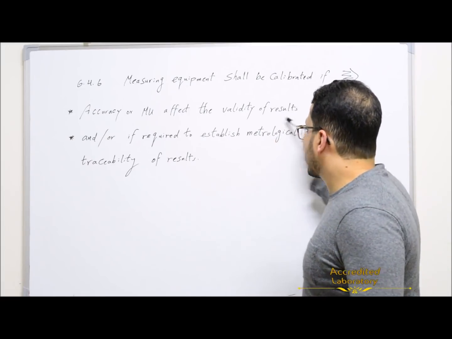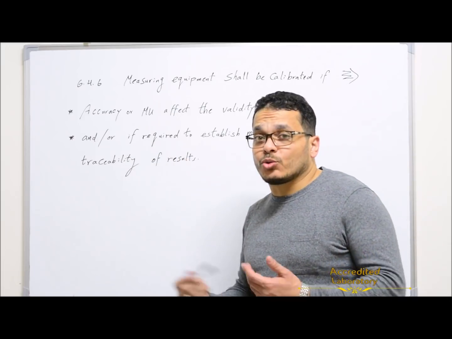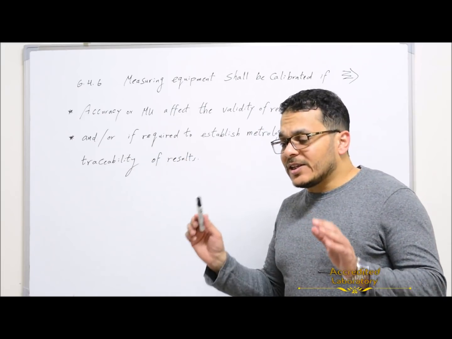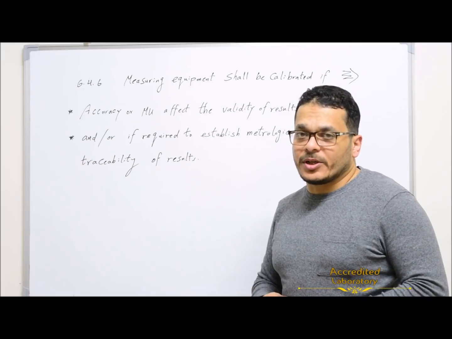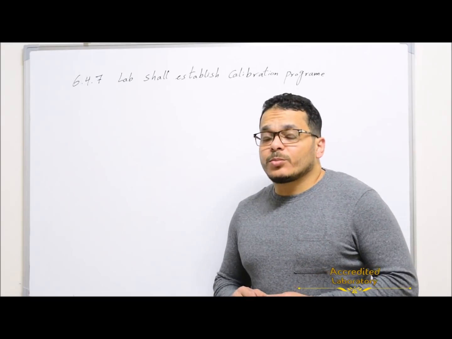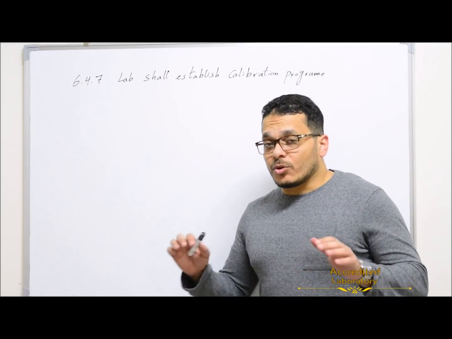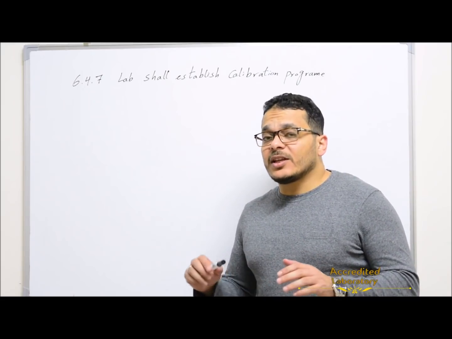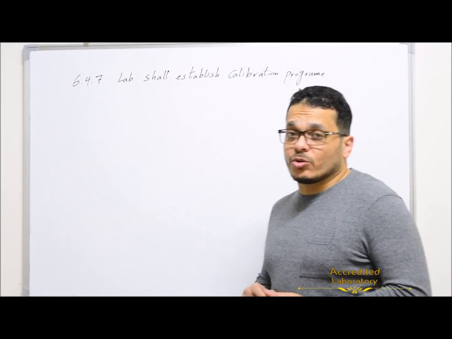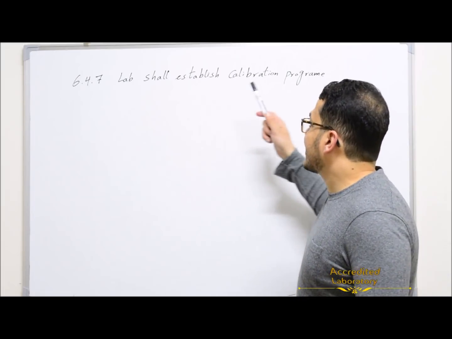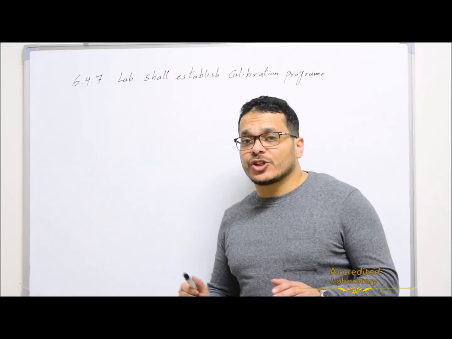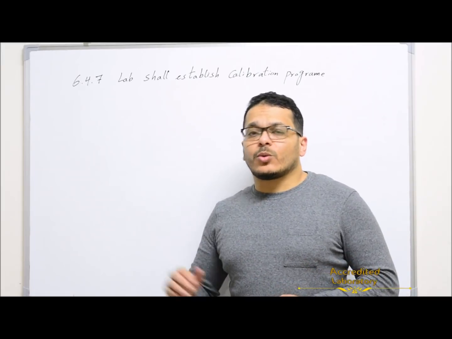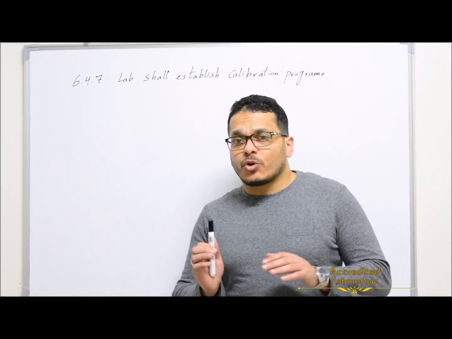And for metrological traceability, if you go back to the lectures before, there is one lecture on metrological traceability. Another very important point: to organize the work inside the lab for all equipments and prevent any confusion about calibration, the lab shall establish a calibration program for all equipments, such as auxiliary equipments.